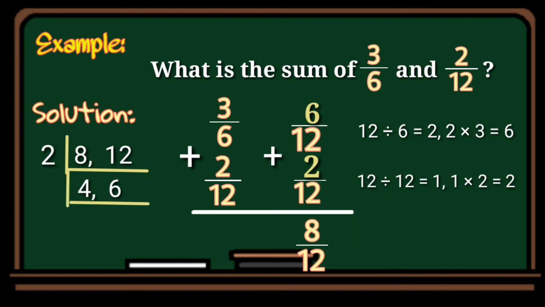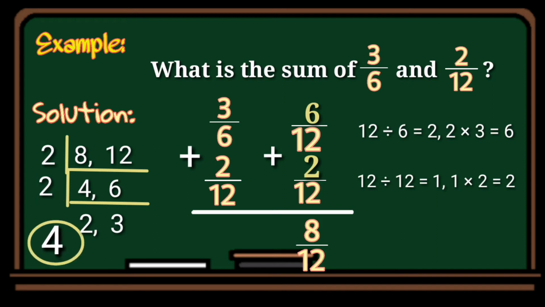And then continue the process. What is the smallest prime number that can divide 4 and 6? Okay, 2. Then divide. 4 divided by 2 equals 2. 6 divided by 2 equals 3. And then let's stop there because there is no common factor between 2 and 3. Then, get the product of all the divisors. 2 times 2 equals 4. So the GCF of 8 and 12 is 4.